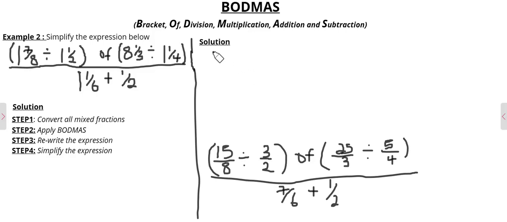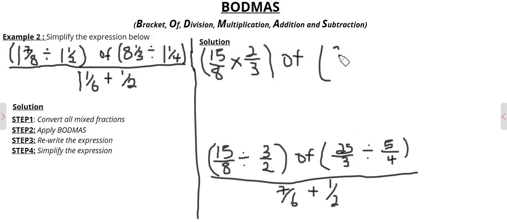So we're going to have 15 all over 8 times, and once you change the sign to times, you invert it, so you have 2 all over 3, correct? Now you are still inside this bracket. We are working with the terms inside the bracket first. We'll finish them, then we'll continue with the next one.